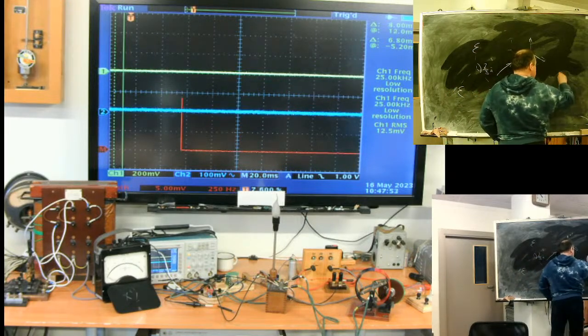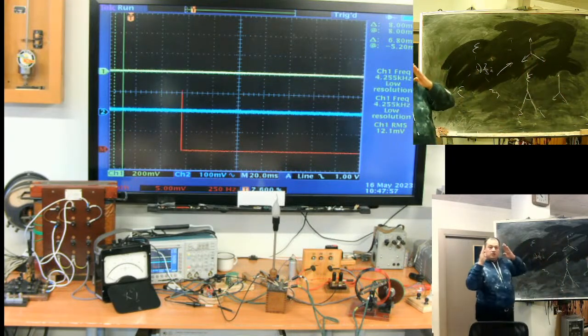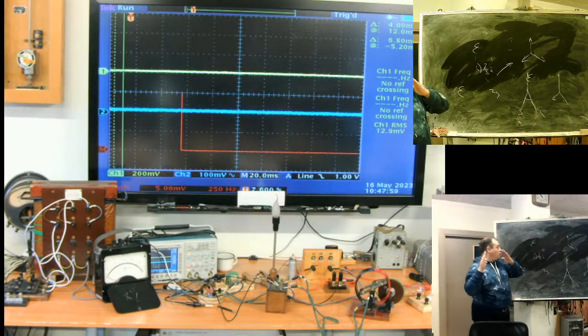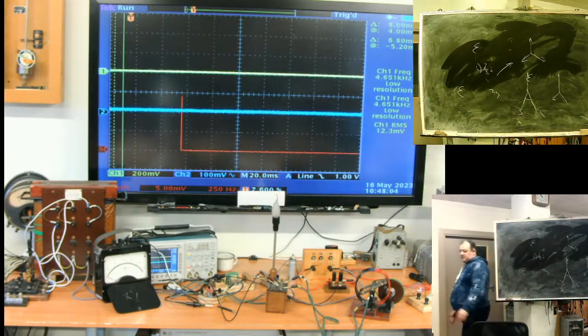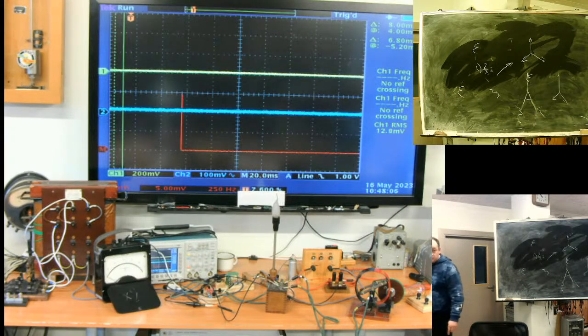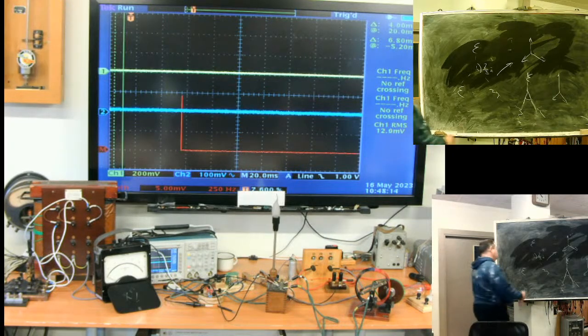The result will be a disturbed, non-symmetrical voltage system. So the angle between phases is determined by the placement of coils, of stator coils, not armature.